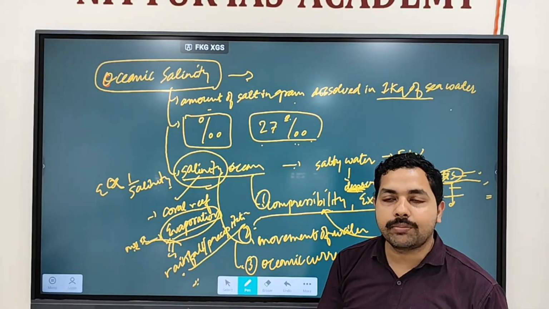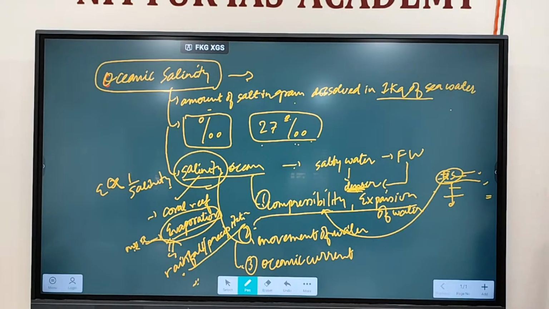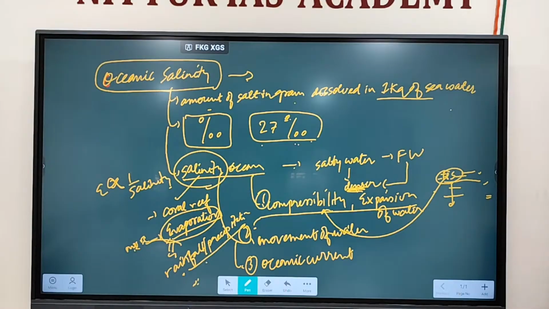Less moisture in the air means less rainfall and less precipitation. So it also impacts your global weather circulation as it determines your rainfall, precipitation and other things. Clear? So that's why it's important to study the oceanic salinity.